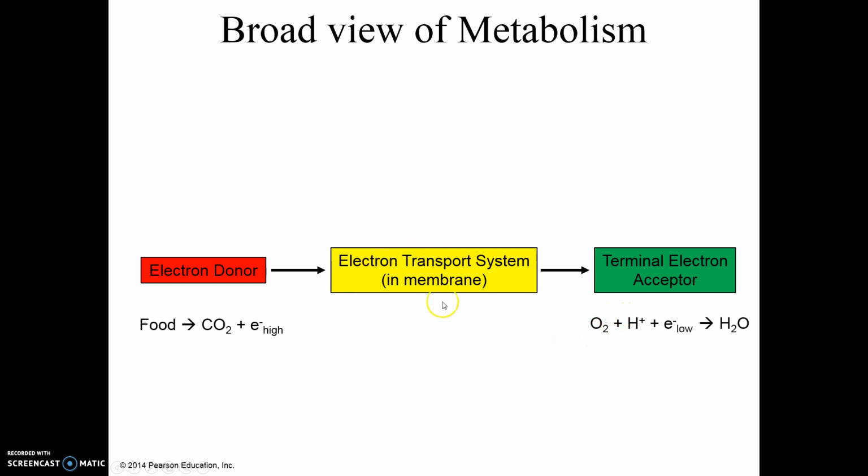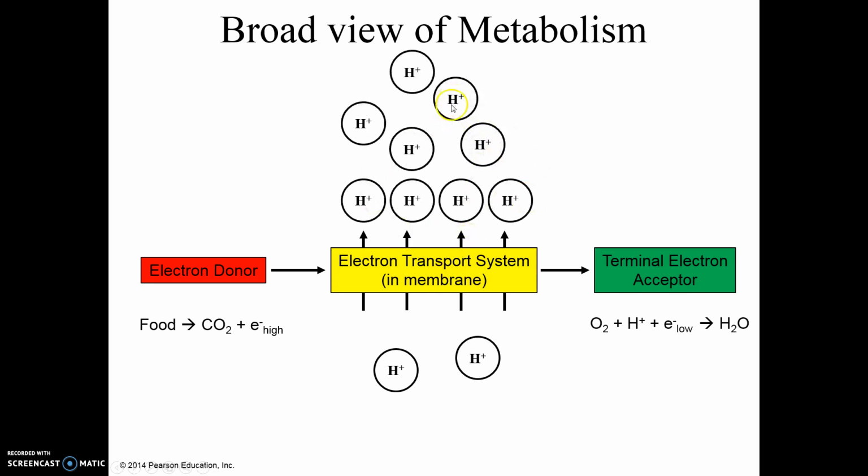Now, in the actual electron transport system, we have this membrane, and on one side of the membrane there are hydrogen ions. As the electrons pass through this electron transport chain, it transports those protons to the other side of the membrane.